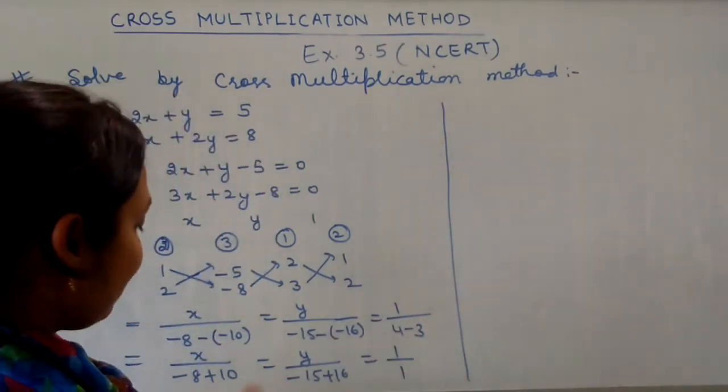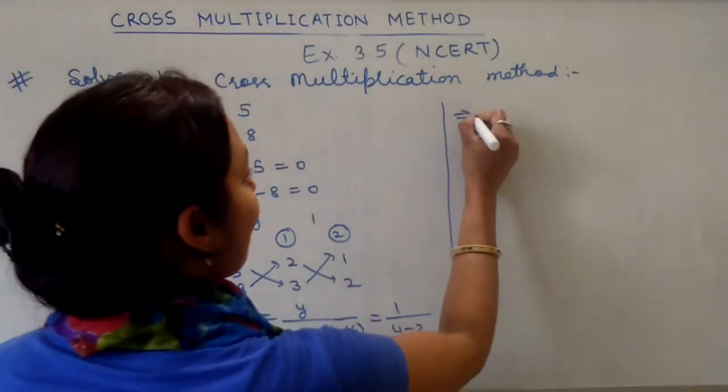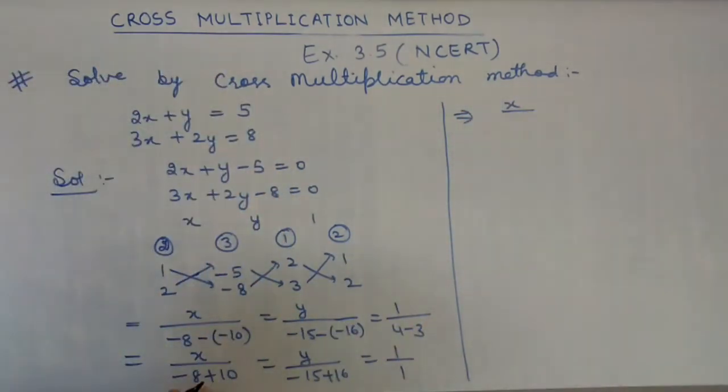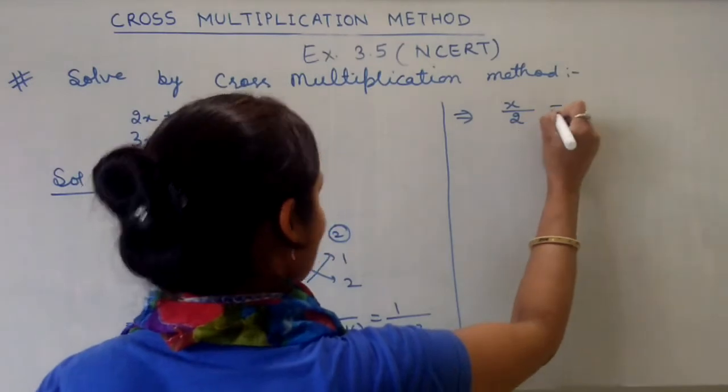What is the next step? x upon 10 minus 8, that is 2.